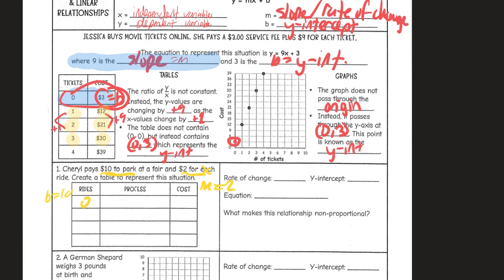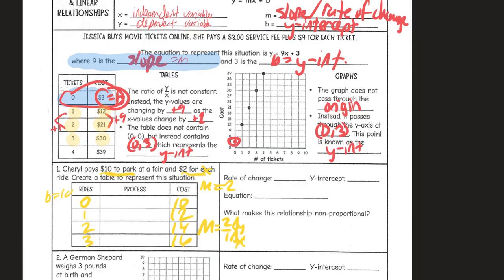So that gives us the point 0, 10. And then if our slope is 2, which is 2 over 1, there's your delta y, there's your delta x. So I'm going to add 2. So 10 plus 2 is 12, plus 2 is 14, plus 2 is 16. And then my change in x, we said was 1. So 0 plus 1 is 1, plus 1 is 2, plus 1 is 3.